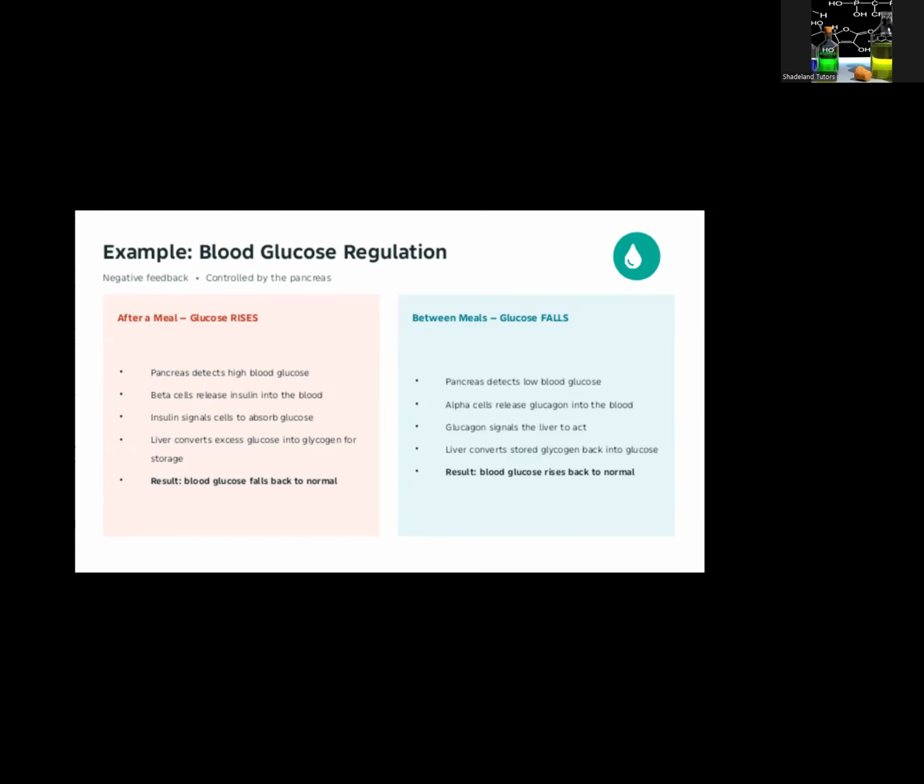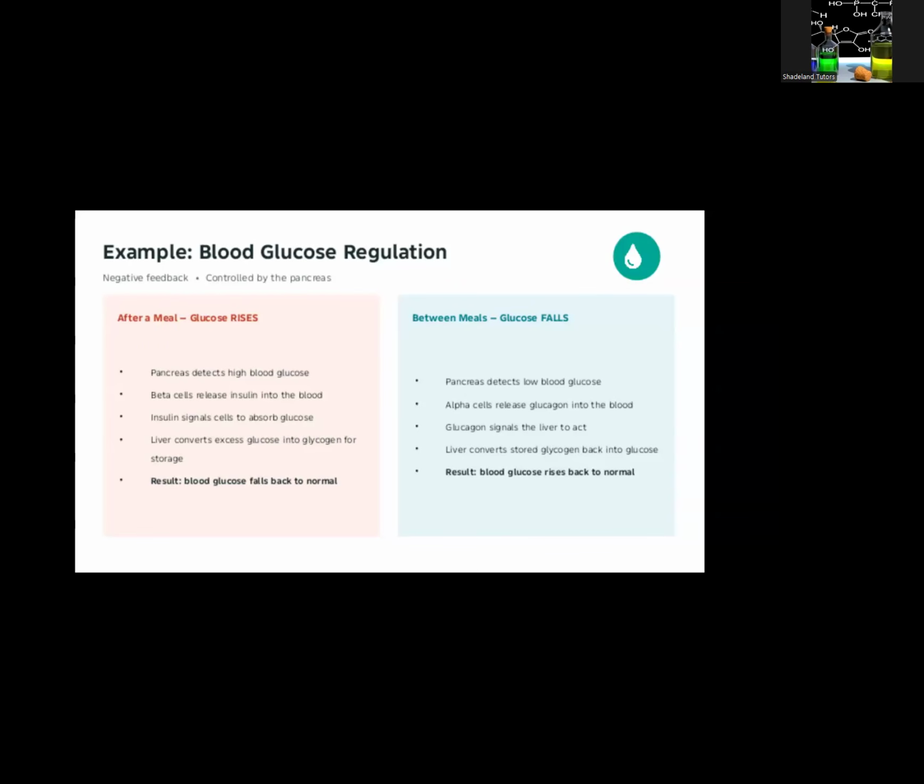Any remaining at the end of the day is converted into glycogen for storage. Maybe before now, you've heard that animal cells convert excess glucose to glycogen, but plant cells convert excess glucose to what? Starch. So this is what the liver does, but it does it with the help of insulin.